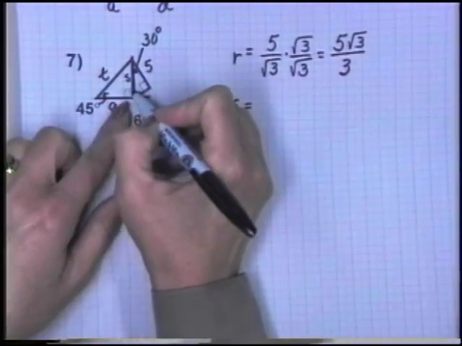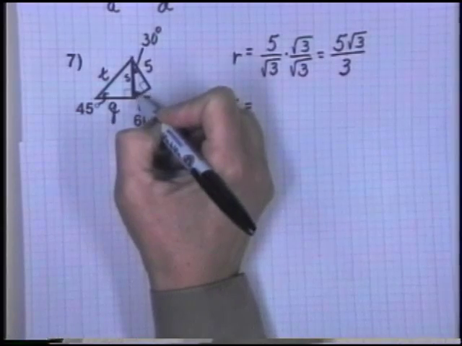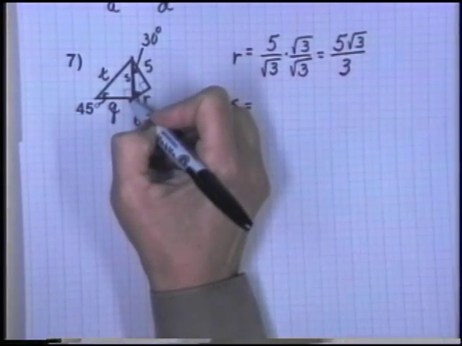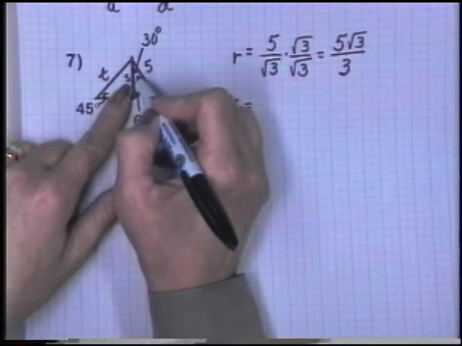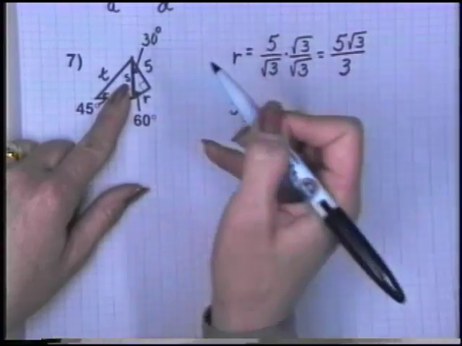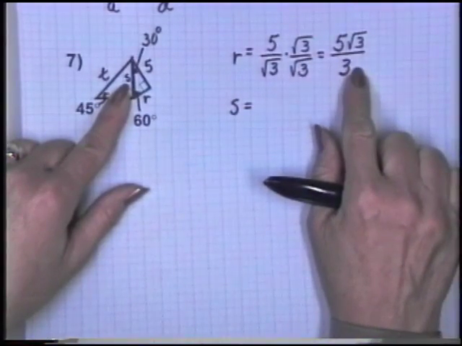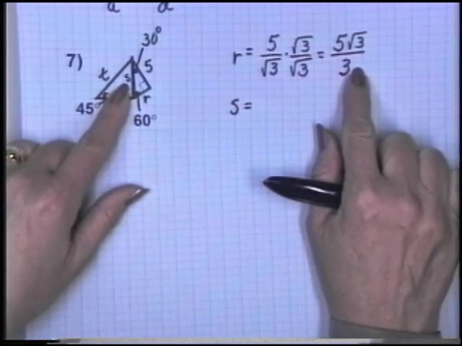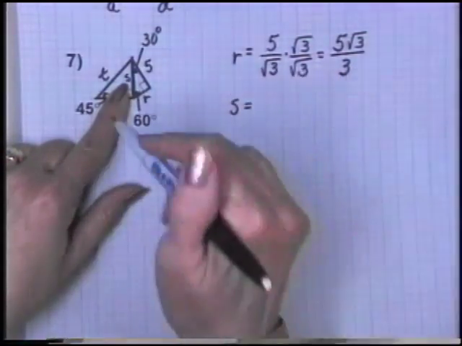Now, how do we find the hypotenuse? Notice that S is the hypotenuse for the 30, 60, 90 triangle. It is a leg for the 45, 45, 90, isn't it? But we're going to find it thinking of it as the hypotenuse of the 30, 60, 90 because we know what the side across from the 30 is. How do we find the hypotenuse when we know the side across from the 30?